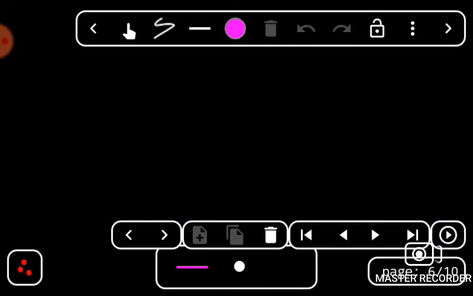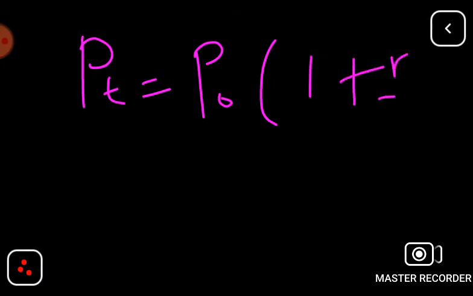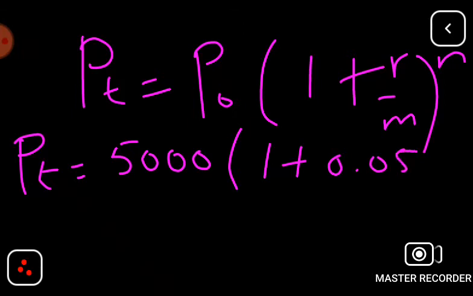So we still have our formula. PT is equal to P0 times 1 plus R over M to the power N. Now we have our future value, 5,000, 1 plus, what is the R? 0.05, quarter, 4.